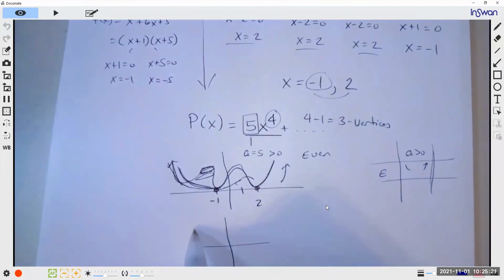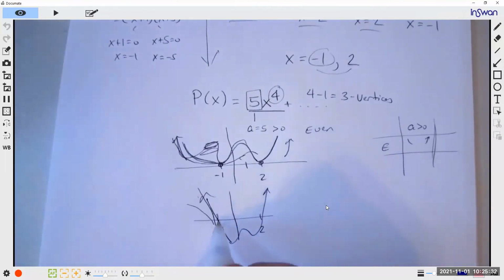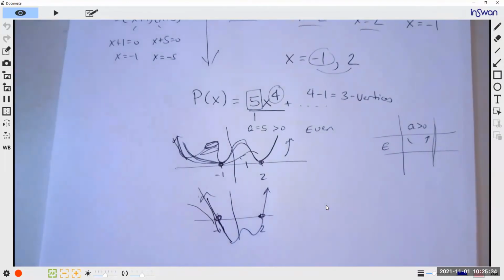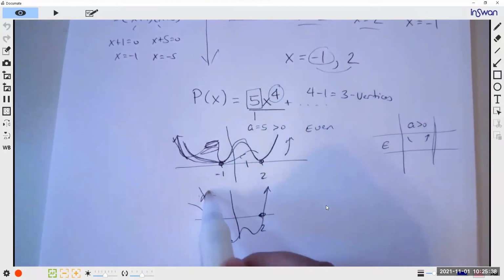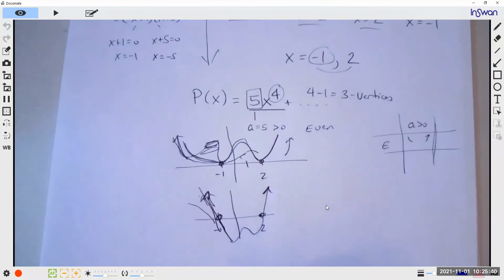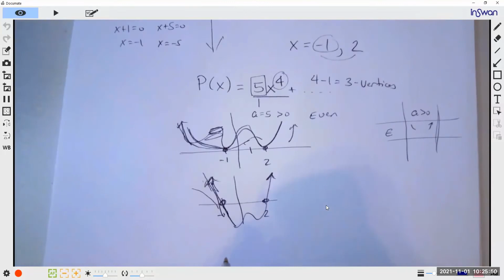Or it could have crossed at -1 and done some stuff and then back up. We don't know, but all we know is that the graph crosses at those 2 points, and since it's positive and even, that's all we know. But that's a start. We're building up on it. Actually, we can know something else.